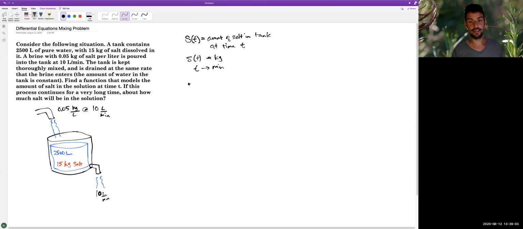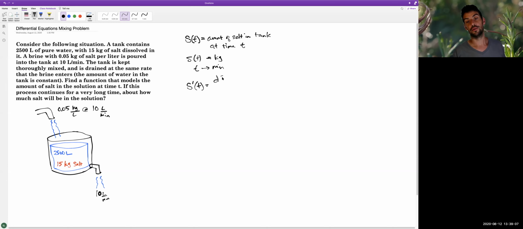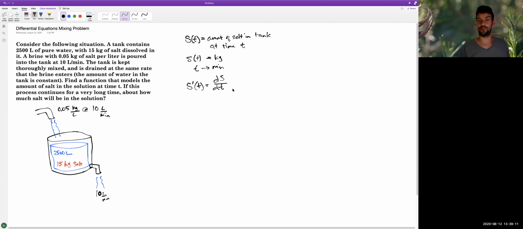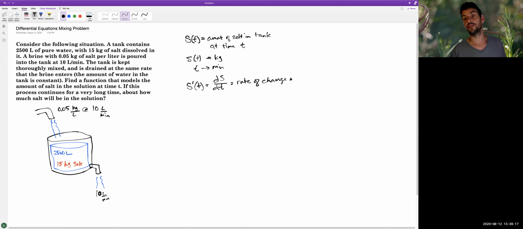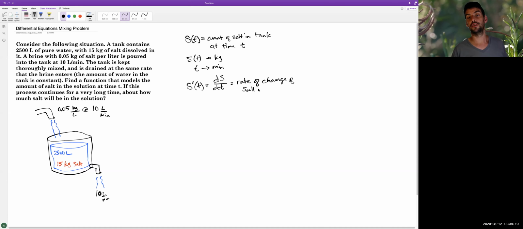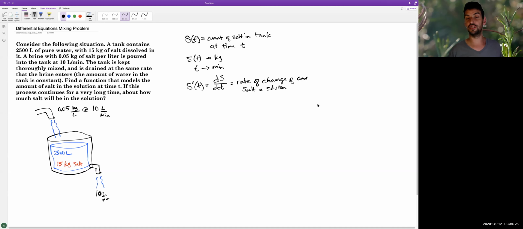Let's look at S prime of t, or dS/dt, right? What does this represent? This is the rate of change of salt, let's say the amount of salt in the solution.